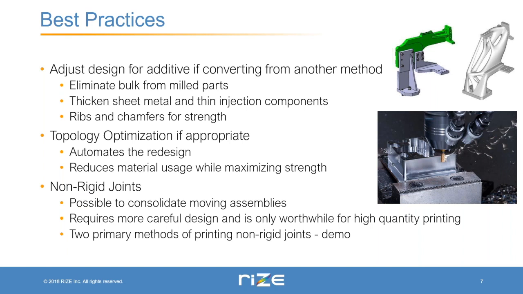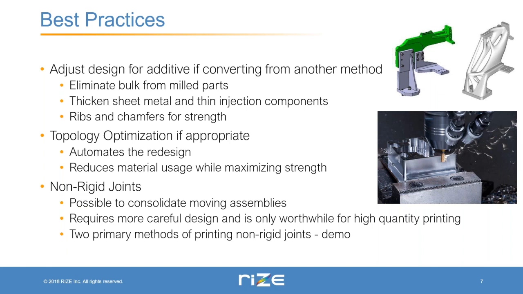And finally, regarding non-rigid joints, it is possible to consolidate moving assemblies into flexible single prints. It requires much more careful design, and because of this, it's only worthwhile if you're planning on producing a high number of them, and if reducing the complexity of your assembly is really worthwhile.